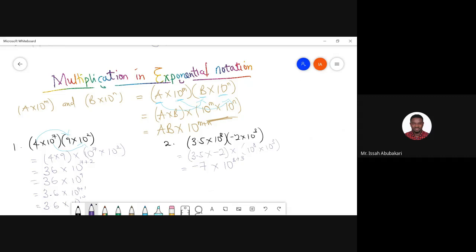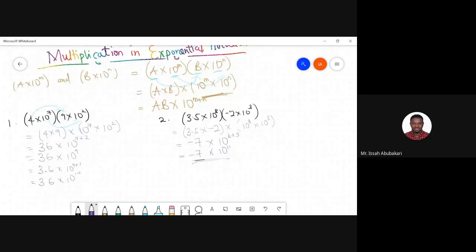Plus because it is multiplication here. Is that okay? Now let's write the final answer, which is minus 7 times 10 power 11. And minus 7 falls between the range 1 to 9. So this can be the final answer. Are we okay?